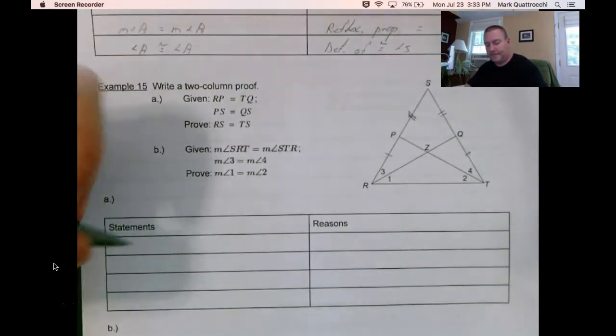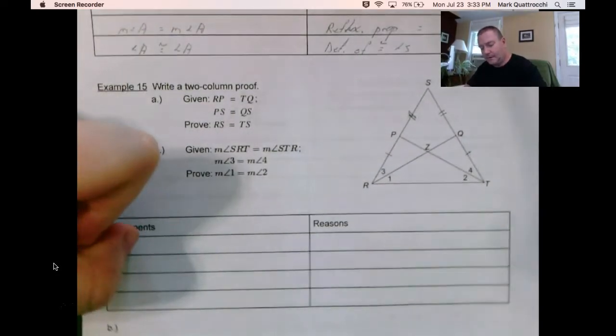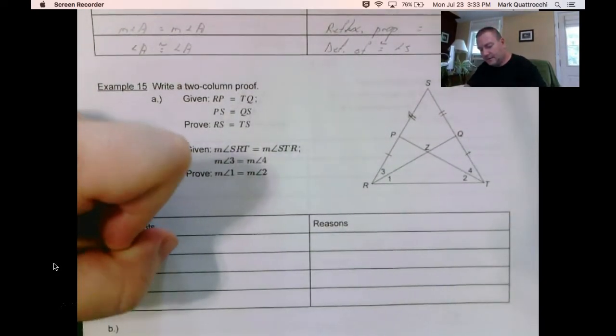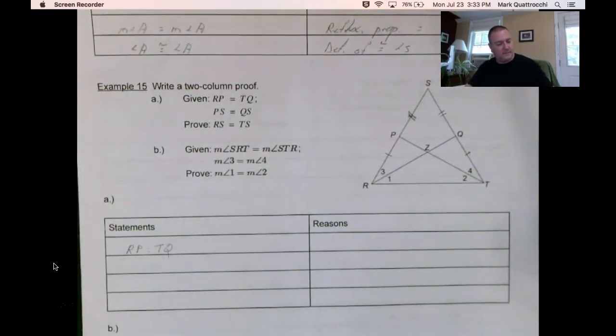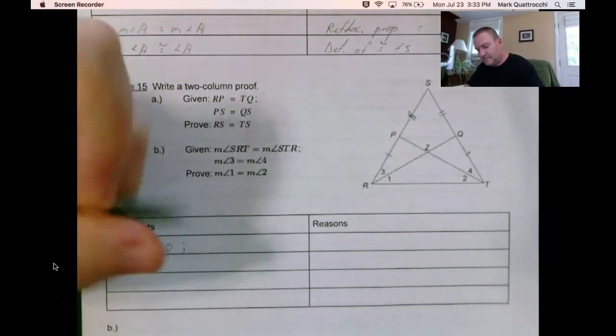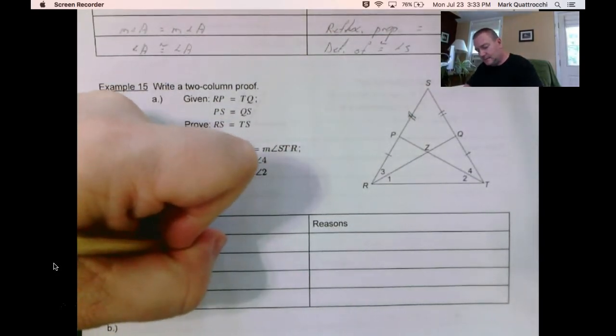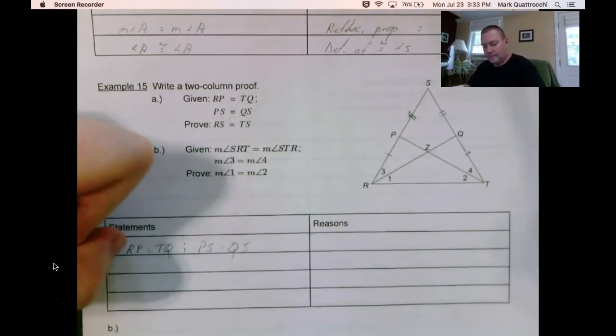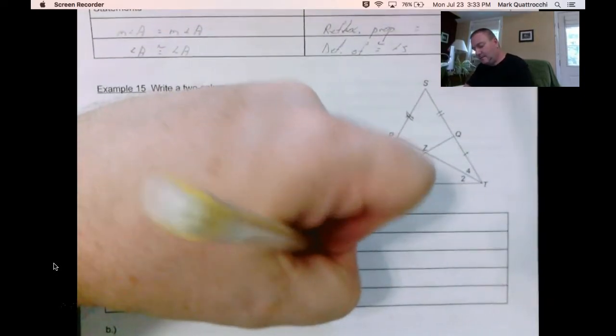Statement 1, RP has the same measure as TQ. Do I combine these? Yeah, in one statement. And PS is equal to QS. Given.